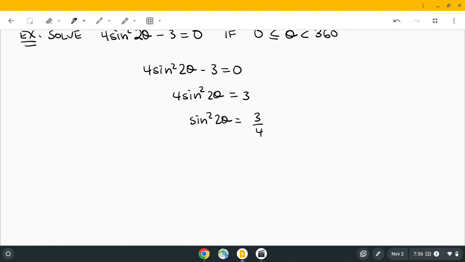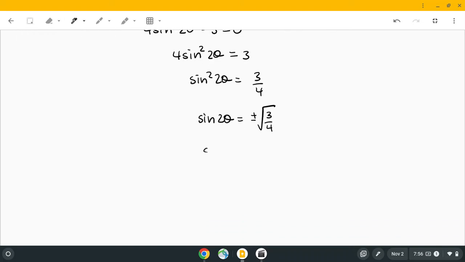That gives me sine 2 theta equals plus or minus the square root of 3 over 4, which equals plus or minus square root of 3 over 2, since the square root of 4 is 2.